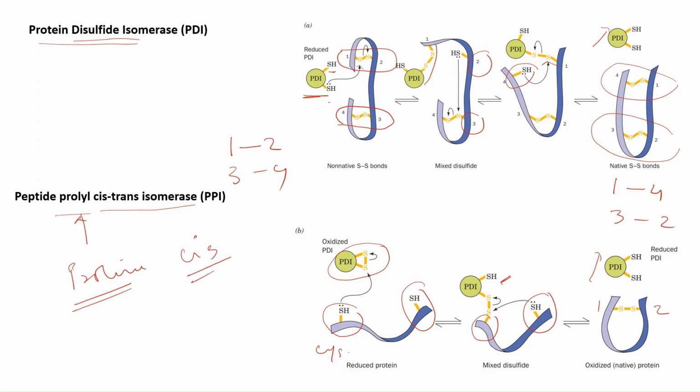So if the peptide bond involves proline with cis conformation, during that time this enzyme is needed for its conversion from cis to trans form, so that a proper bond can be formed. So this is how these enzymes play an important role in proper folding of a protein.